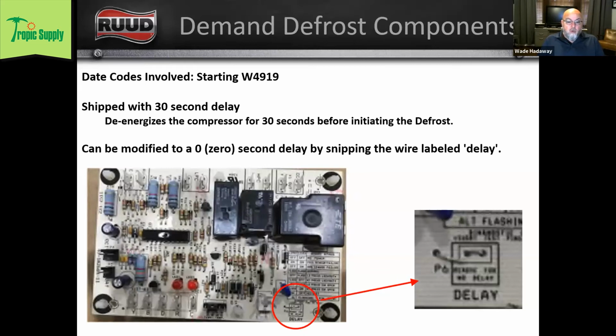So that valve will shift or de-energize and shift back to cooling without de-energizing the compressor. It just does it on the fly. And if you're having an issue where during that 30-second delay the reversing valve is making a loud noise, clip that wire and get rid of that delay, and that might take care of that for you.